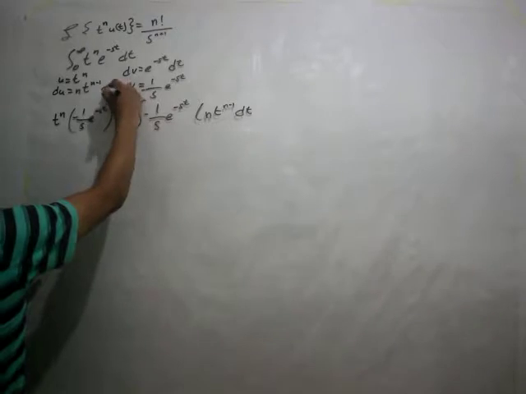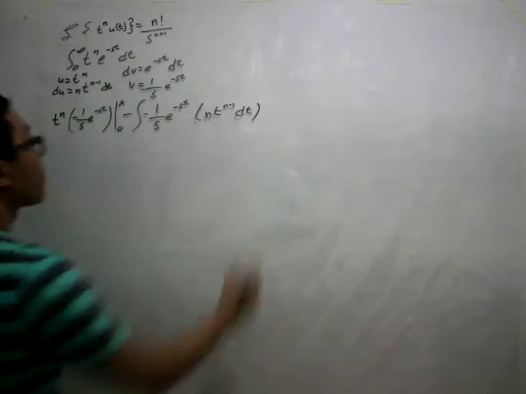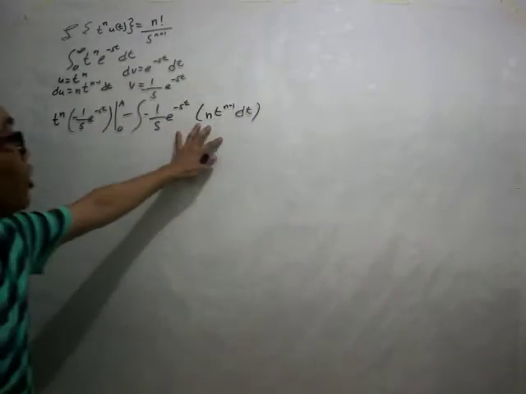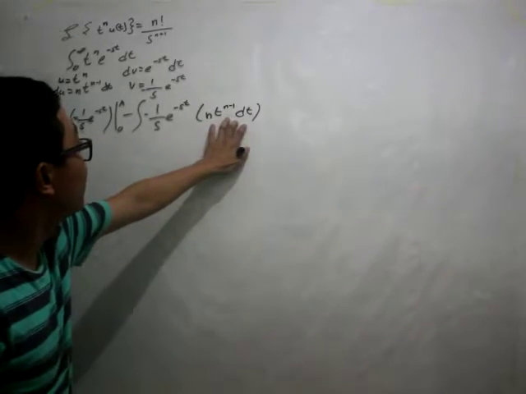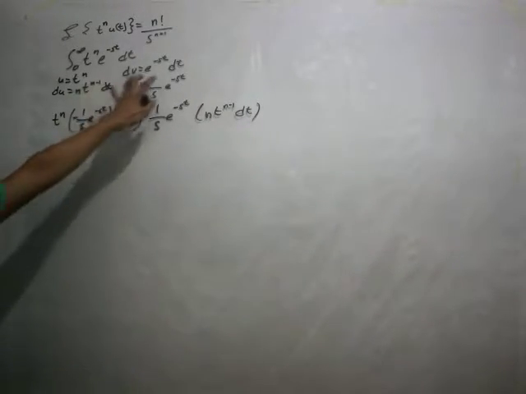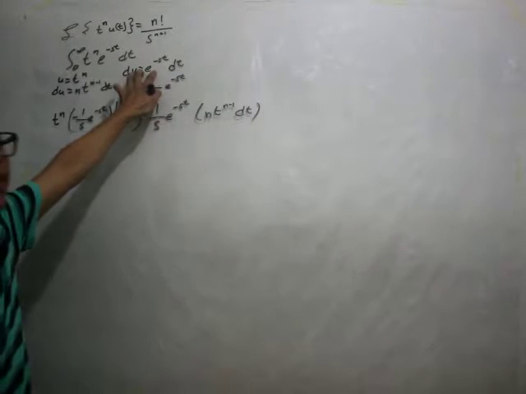I forgot the dt. There. Don't forget that the du is this one and not this one, because this is dv.